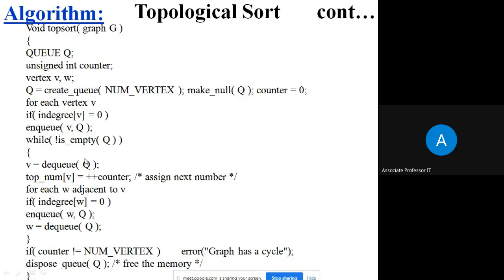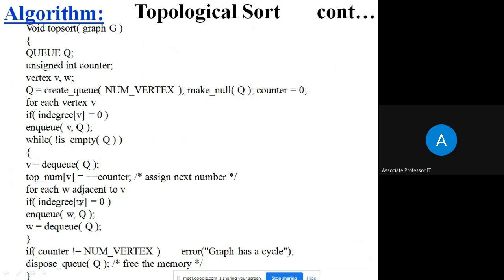Based on the priority queue, we delete the node from the queue. Then TopNum of V equals plus counter, which means the counter is incremented. That means assign the next number. The counter already started from 0, and now assigning the next number means plus 1, so counter equals 1.